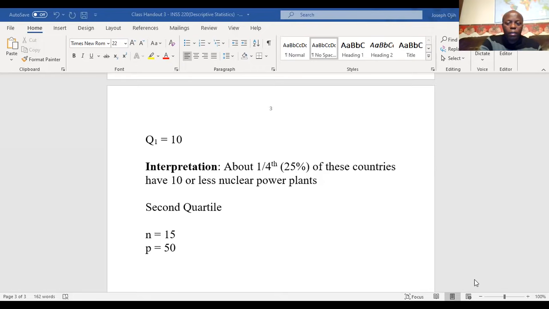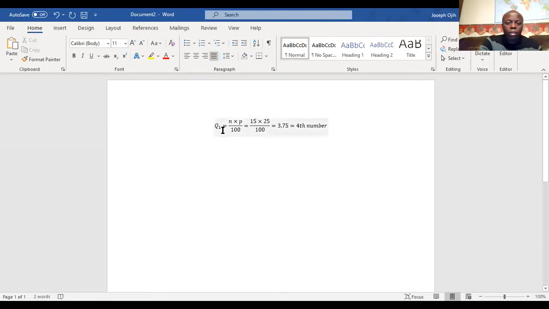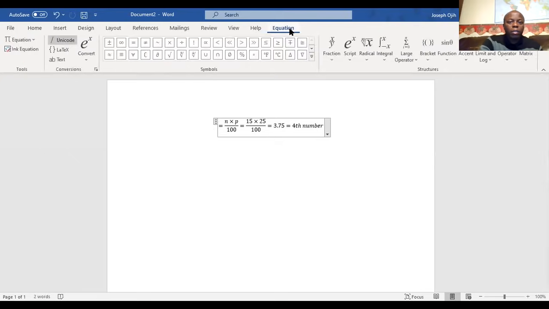So Q2 now: N times P, that means this one is going to be changed to 50. And we multiply this from Desmos.